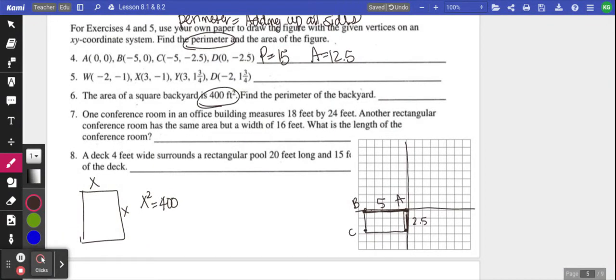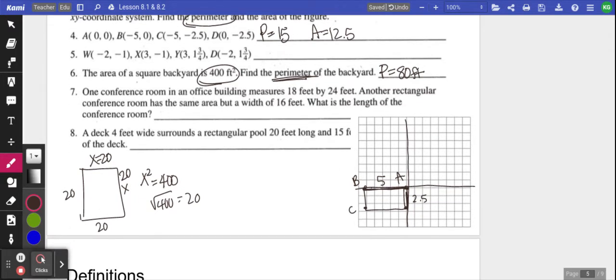Now remember, to undo a squared, we take the square root, and the square root of 400 is 20. So I know if this side is 20, this side is 20, and it's a square. They're all 20. And it says find the perimeter. You find the perimeter by adding up all the sides. So when I add them all up, I get 80 feet.